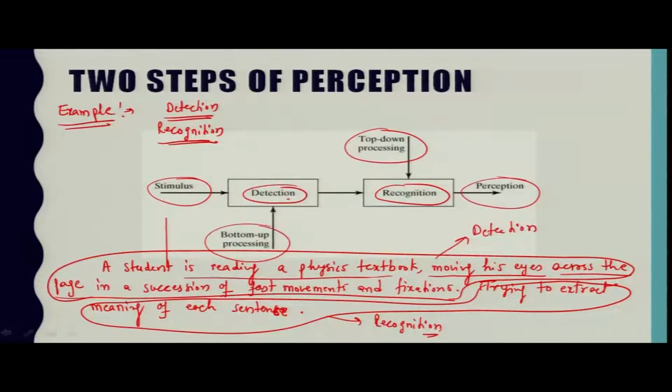The detection step in perception involves the sensing of stimuli, and therefore detection emphasizes the use of human sensory organs. Recognition involves the interpretation of the sensed stimuli.